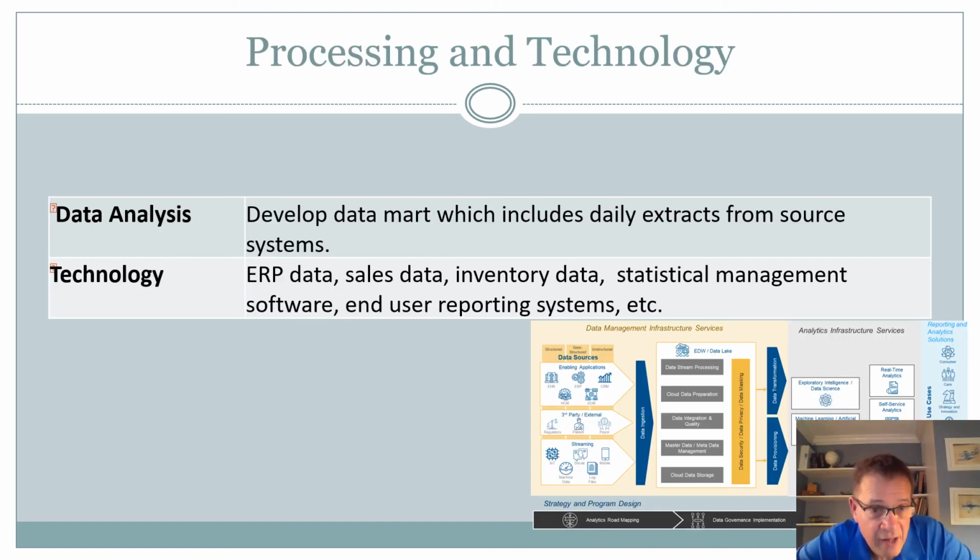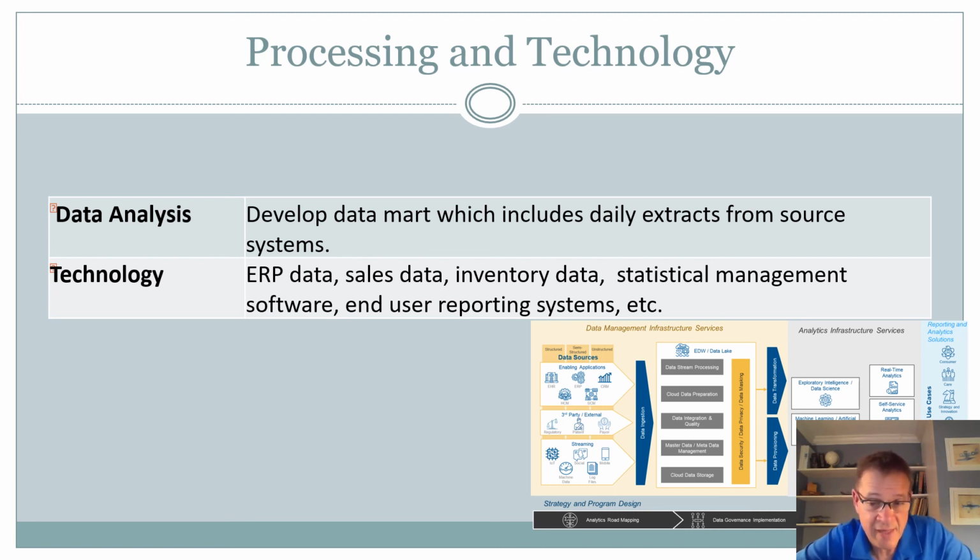Your processing and technology. From your data analysis perspective, you probably want to develop some type of a data mart, which has extracts probably on a daily basis from your various source systems. Here you'd be using things such as your ERP data, your sales and inventory data. You would probably use some type of statistical management software such as SAS or R. If you're doing any kind of risk scoring or any kind of other management scoring, you could use systems like that, and those would all be reporting out to some type of end user reporting system.